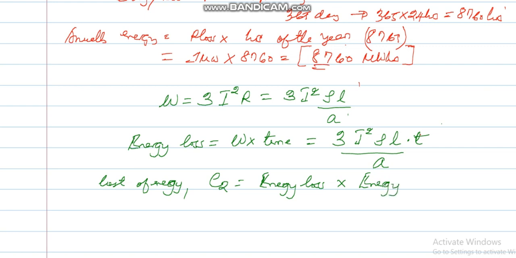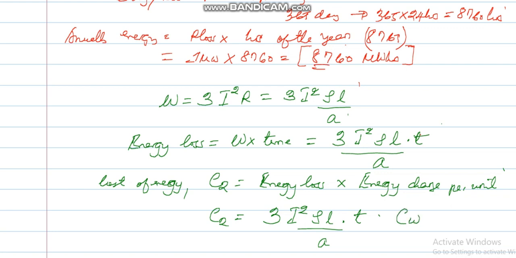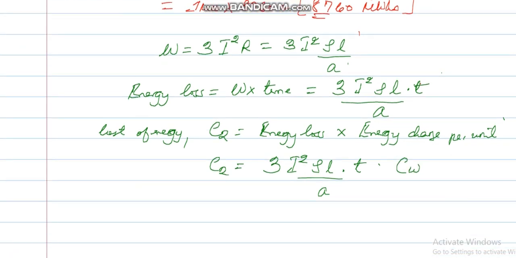Tunajua shilingi ngapi per unit energy charges per unit? Kwa hiyo tunasema C2 equals energy loss ni 3 times I squared resistivity rho times L over A times time, okay, times energy charge, let's say Cw. Sawa, ndio unachajiwa shilingi 300 kwa unit moja ya umeme.